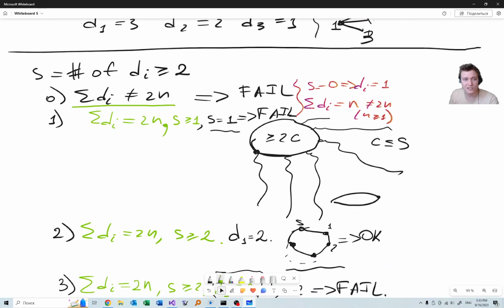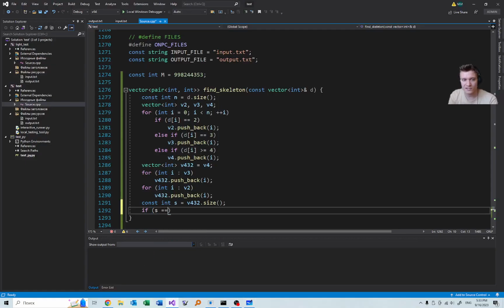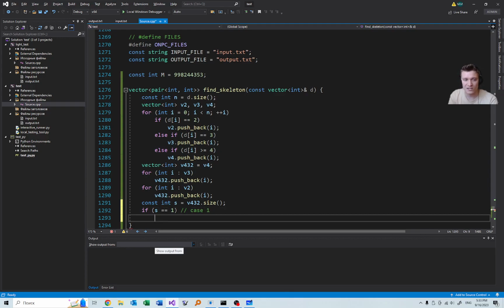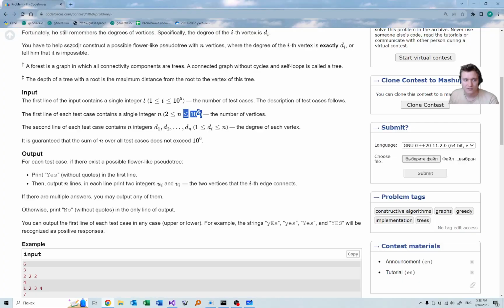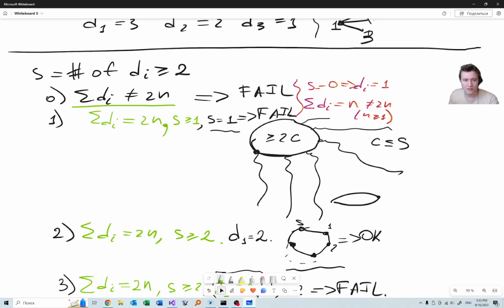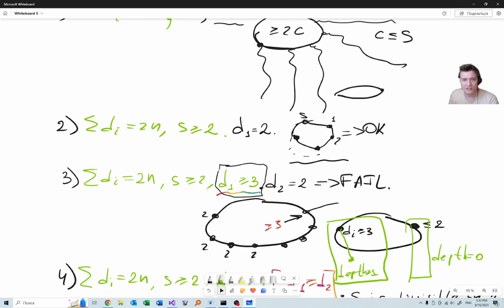So the first case is s equals 1. If s equals 1, then fail. So let's write that this is case 1, return nothing. Okay, now the second case, d1 is 2.